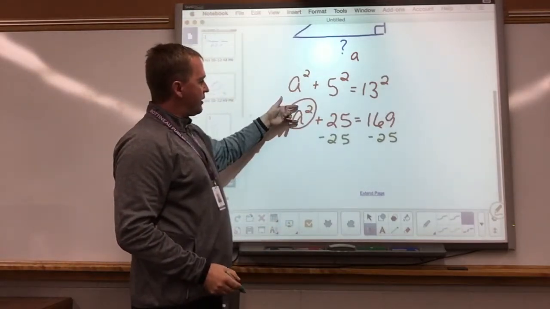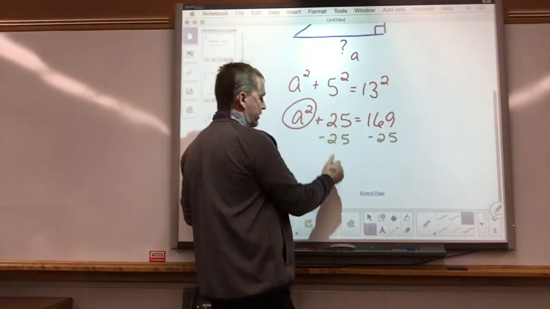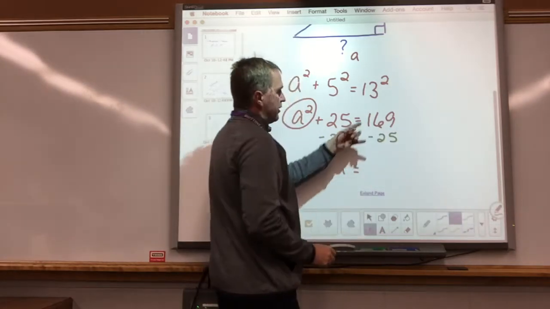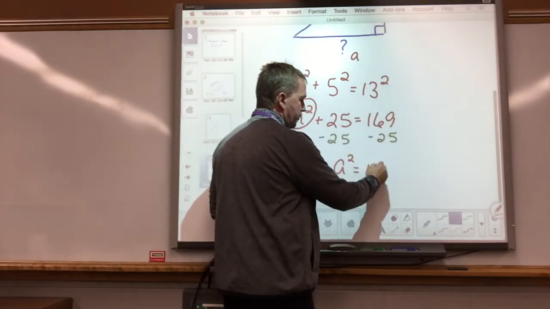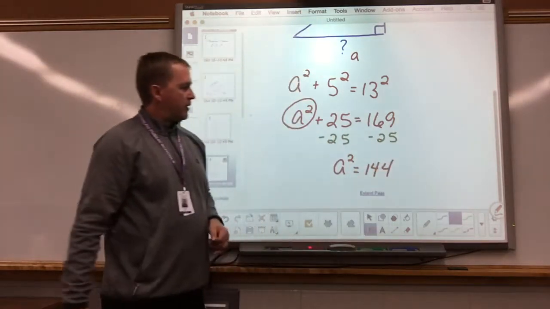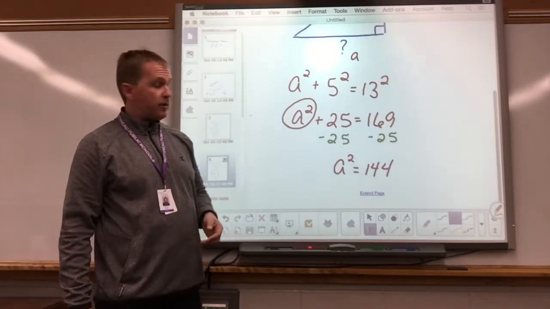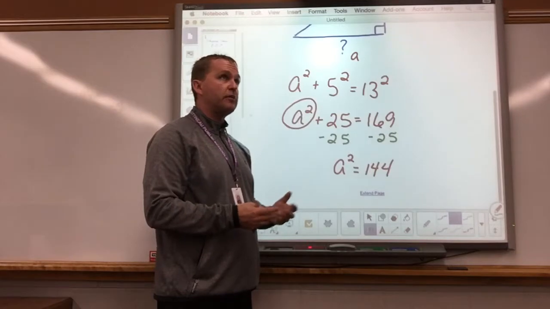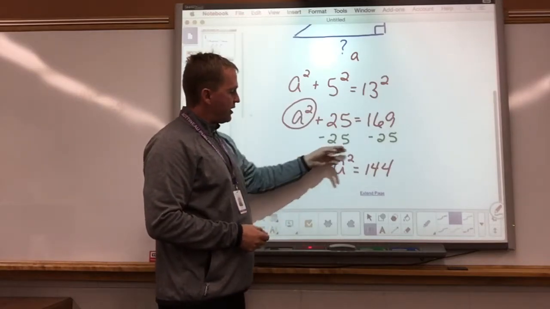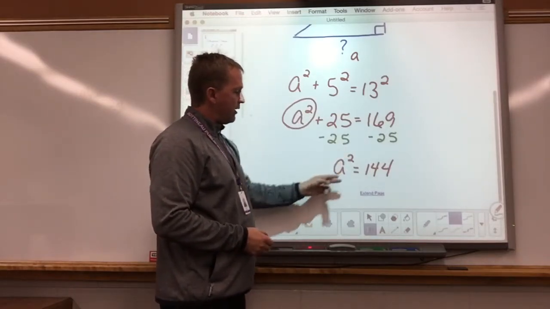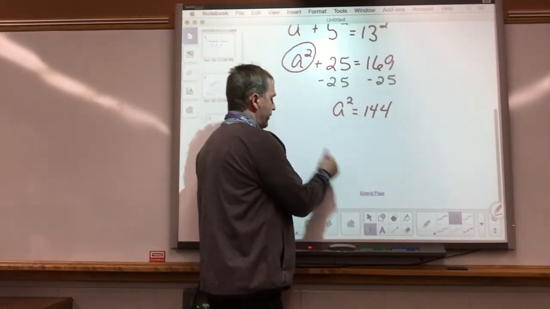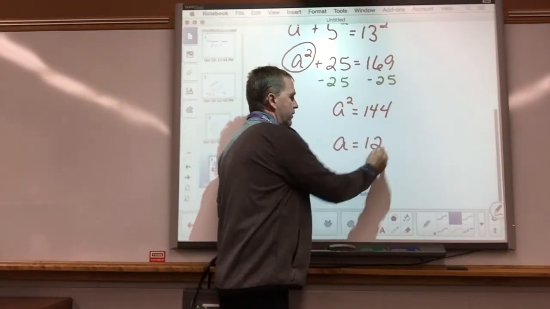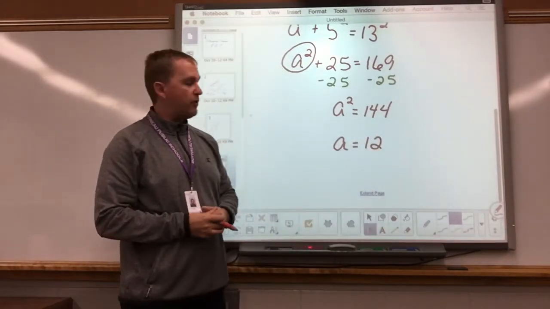If I do that, the plus 25 and the minus 25 cancel out, so I'm left with A squared equals 169 minus 25, which is 144. Now I have some number squared that will be 144. Again, maybe I know my squares: what number times itself is 144? Or I think about taking the opposite of squaring, which is square rooting. The square root of A squared is A, and the square root of 144 is 12, because 12 times 12 turns out to be 144.